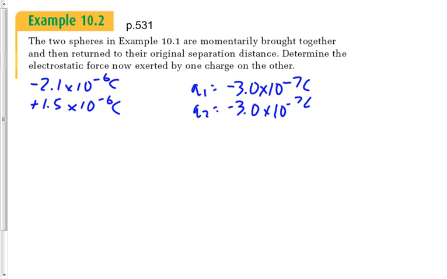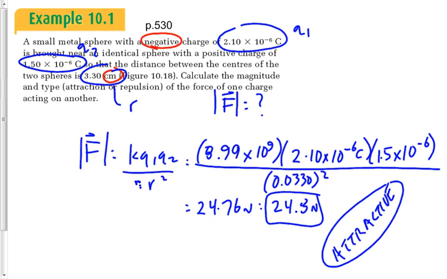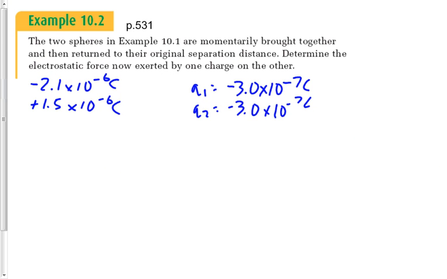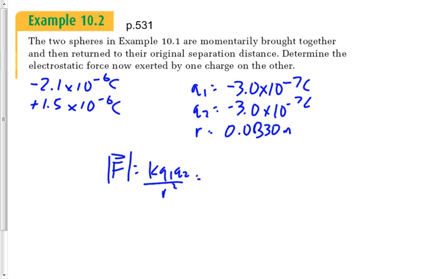Now the question is just as easy as it was before, right? The distance that separates them, 3.30 centimeters, or 0.0330 meters. Notice we're dropping the sign of the charge again.